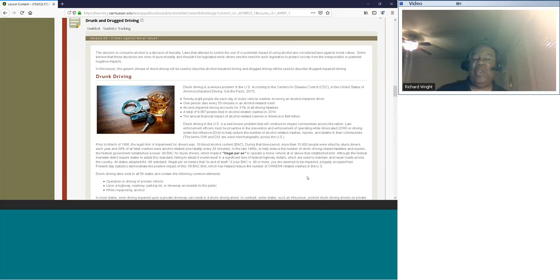When I was a lawyer, the rule was a blood alcohol content of 0.10. It used to be 0.10, and that changed because of the seriousness of the individuals driving. And so in the 90s, to reduce the number of drunk driving fatalities, the government established 0.08 blood alcohol content, which established that you were drunk.